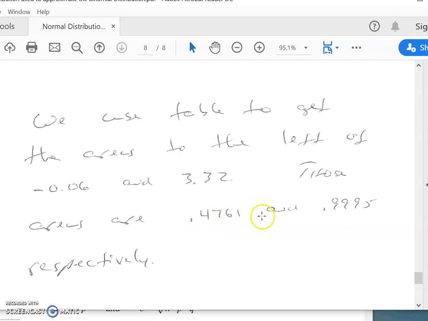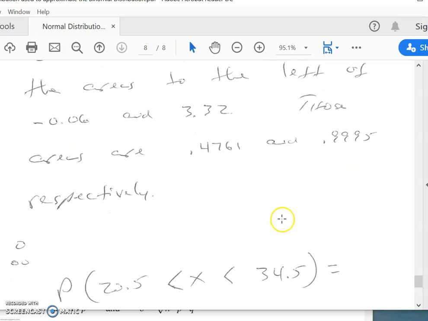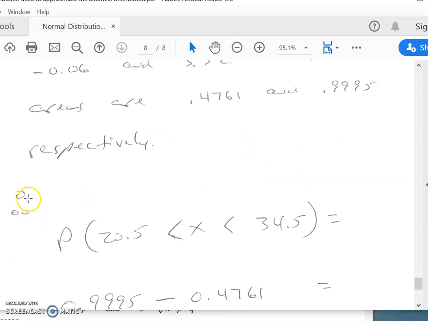Okay, those areas, you look in the table, corresponding to this one is 0.4761, corresponding to this one is 0.9995, respectively. You know what respectively means, I hope. This one is with respect to this one, and this one with respect to this one. In other words, they correspond in the same order. This symbol here means therefore.